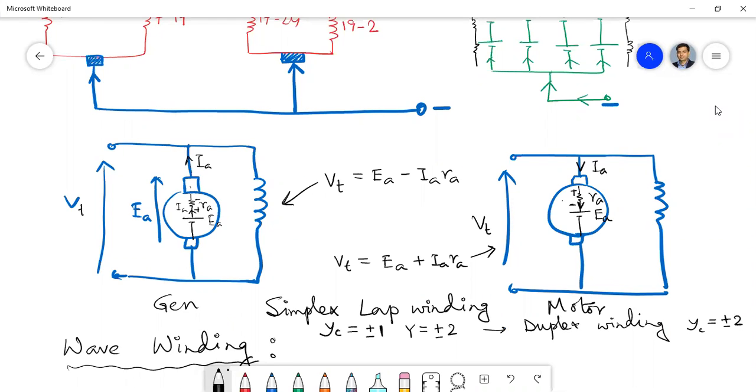That means keeping one commutator, the coil will end in the next-to-next commutator, so it will skip one commutator segment. That is referred to as the duplex winding. In this way you can also have triplex winding. This is how the multiplex windings are done, but I have discussed only the simplex lap winding.